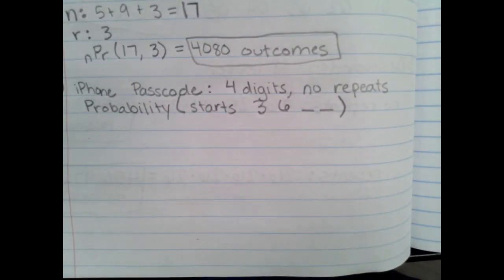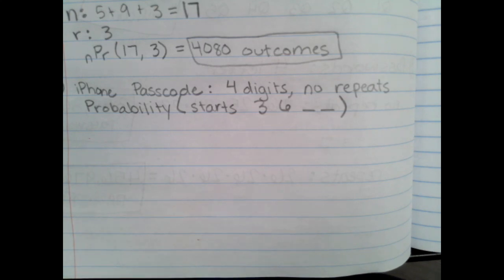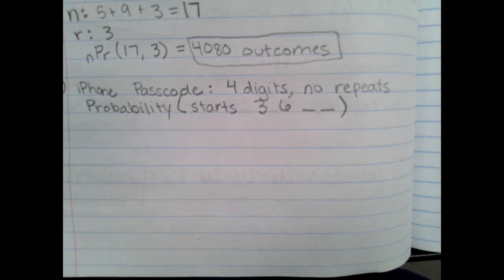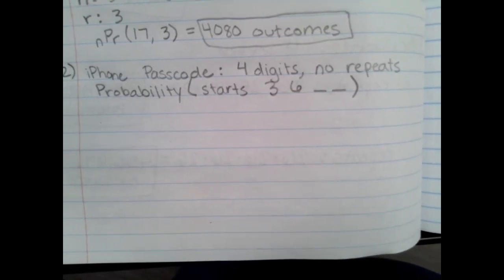So if I just randomly pick an iPhone password with no repeats, what is our probability that it starts with 3, 6, something, something? Start a little bit lower. On number 2.